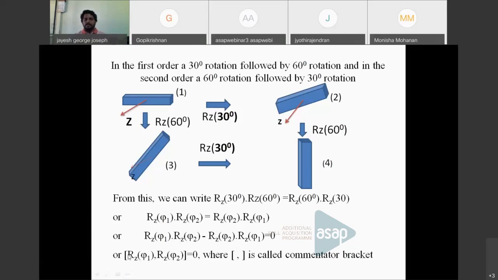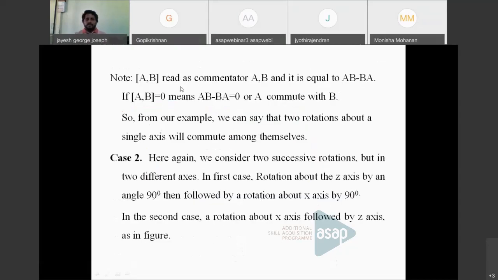Or in square brackets, we are writing Rz of phi 1 comma Rz of phi 2 is equal to 0, where the square bracket denotes the commutator. Here there is a small note regarding this commutator bracket. A comma B, read as the commutator A comma B, is equal to AB minus BA.